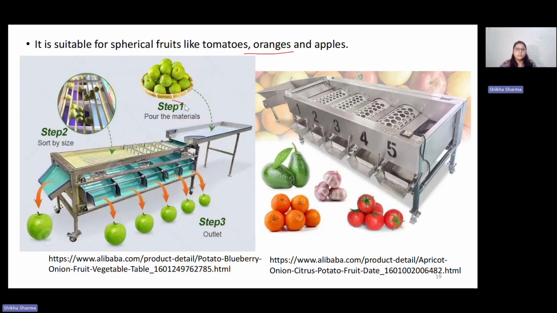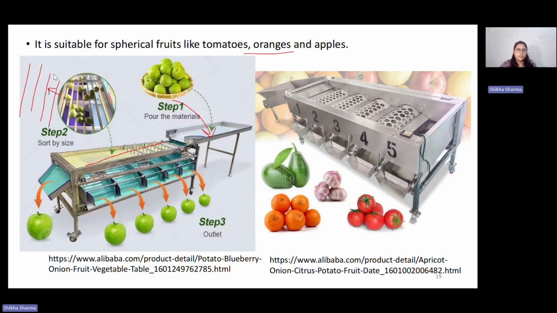Suppose we are putting apples here, and this is the roller grader. Sorting is done based on size. Different sizes of apple will come onto these rollers.